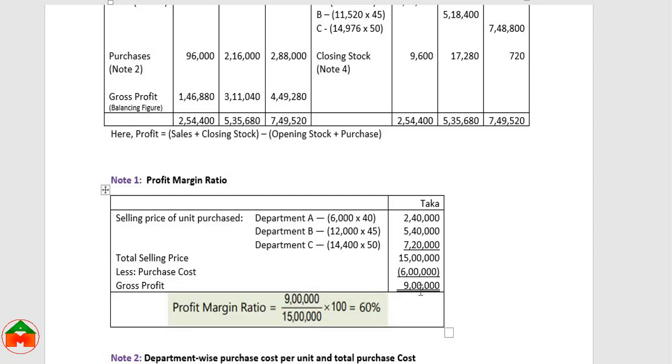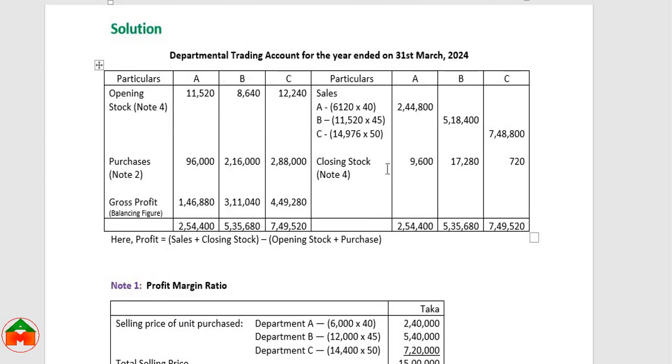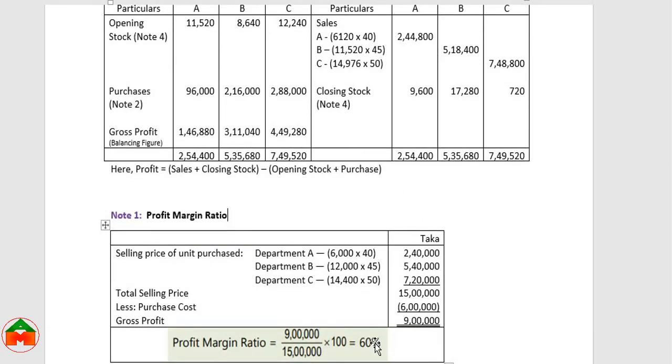That means the total profit in 3 departments is 9 lakh. And since it is the gross profit, if you divide this 9 lakh gross profit by the sales price, which is 15 lakh, you get the profit percentage, which is 60%. That means each department earns a profit of 60%.